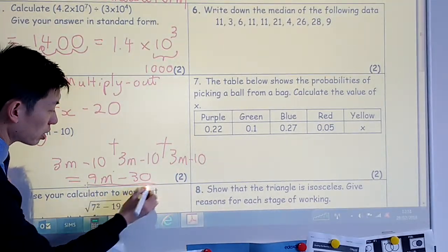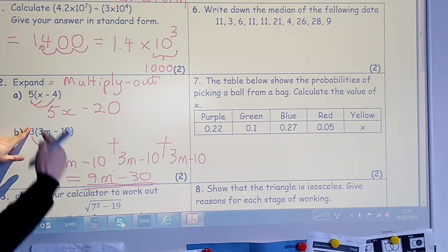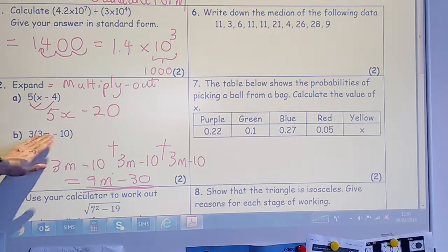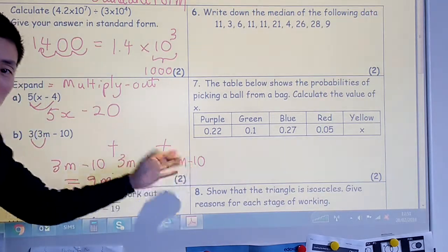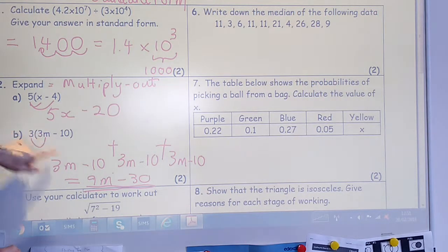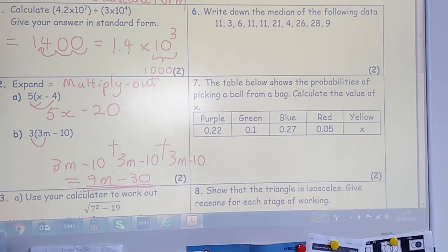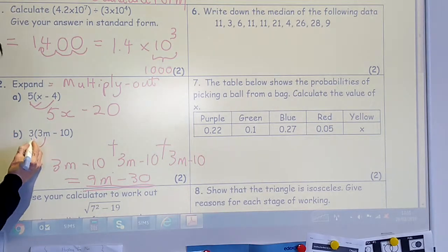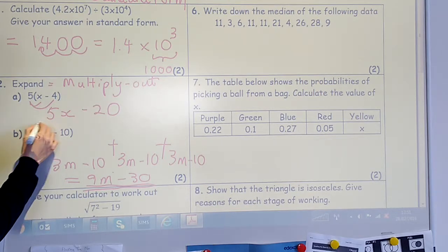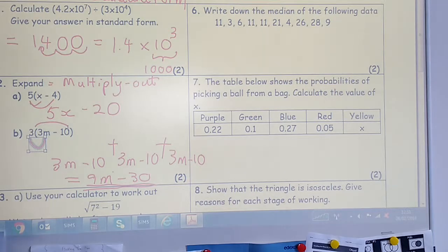Now, this is a more long-winded way, but if you don't remember that you have to times, you could think about this as 3 lots of 3m minus 10, and that way might make more sense. So 3 times 3m is 9m, 3 times minus 10 is minus 30. It's a much quicker way if you can recall how to multiply out brackets. Some people forget to times the second term. Right, next one.